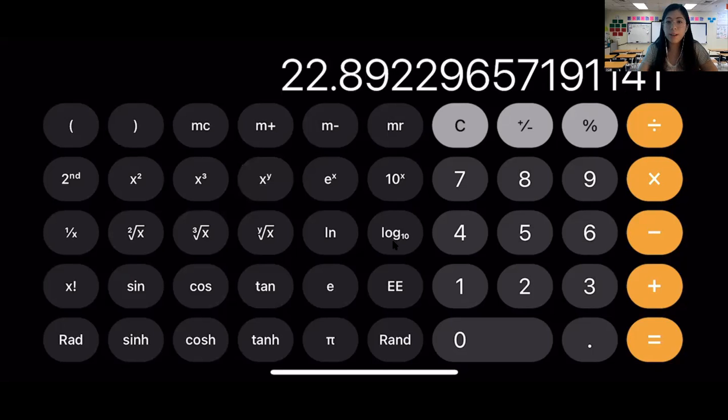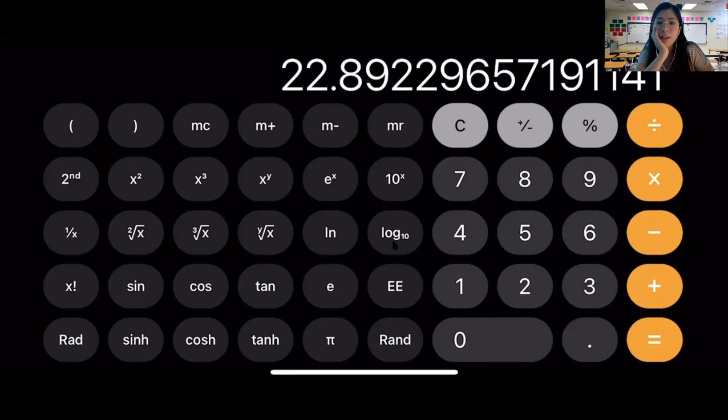Following PEMDAS, you have to do the exponent first. So that's what I just did: 1.11 to the power of 30. I'm not going to clear my screen. I'm going to leave that number there because now all I need to do is multiply that times 1800. It's taking a second, but you'll see what we get in the end.